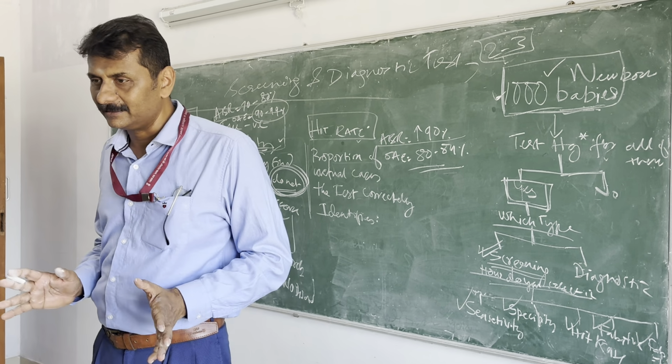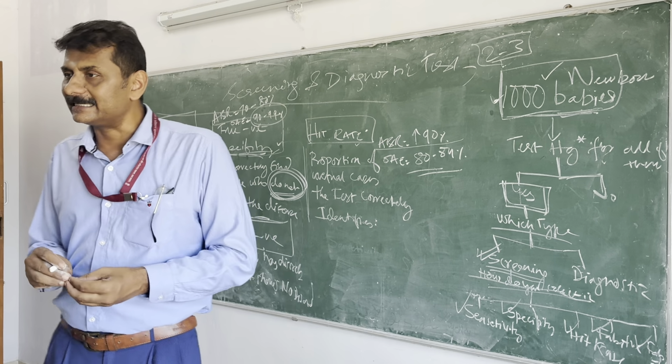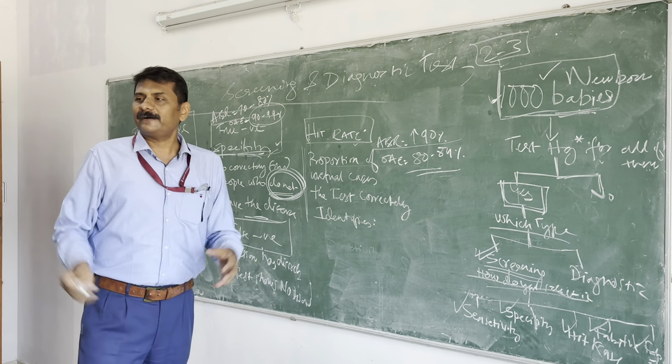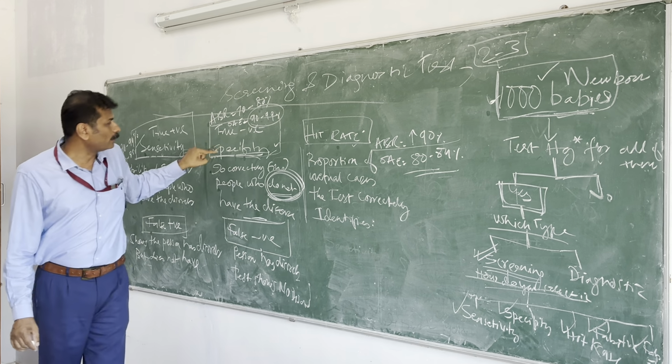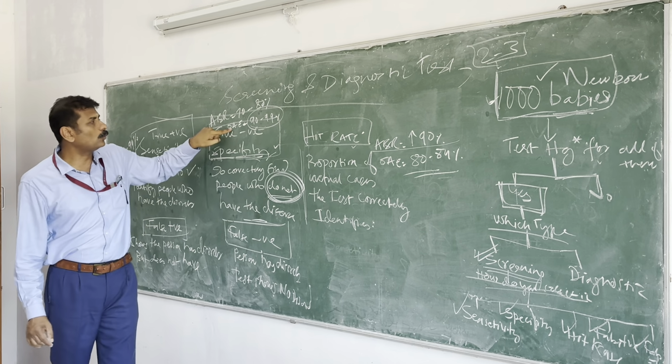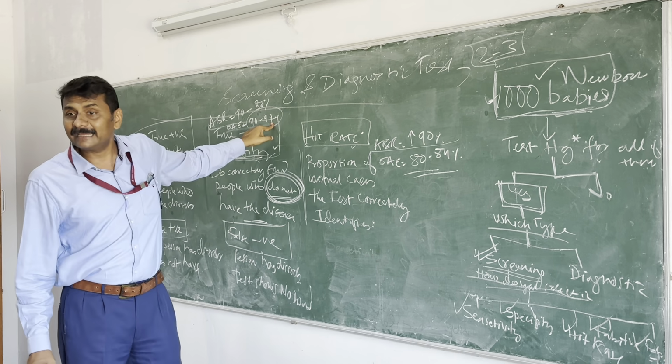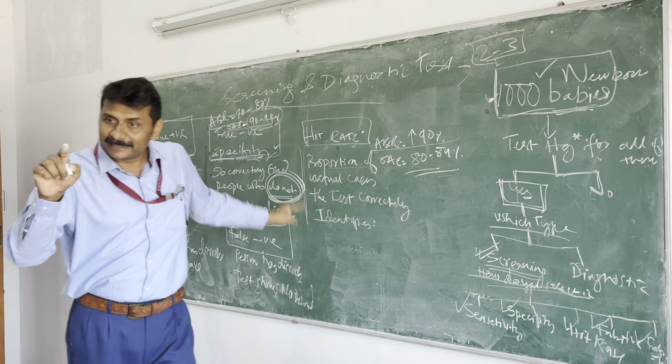ABR or OAE? OAE. The reason is that identifying who are normal is known as specificity and OAE is better than ABR in terms of specificity.